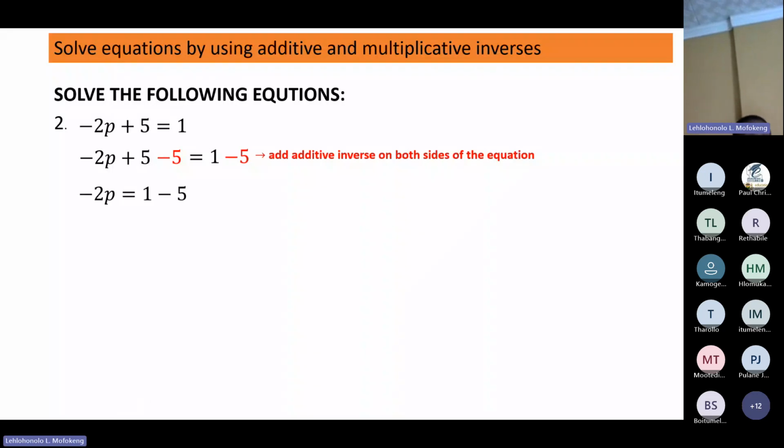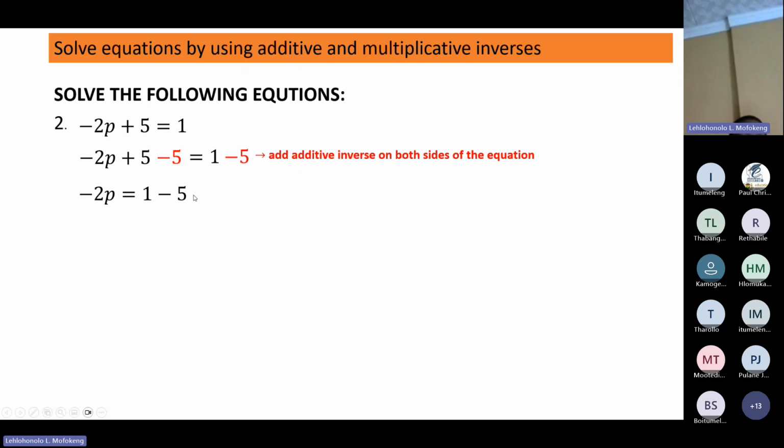Moving forward, we have negative 2p equals 1 minus 5, because 5 minus 5 is 0. We are left with negative 2p on the left-hand side, and on the right-hand side we have 1 minus 5. You can also associate negative 5 with the initial positive 5. One would say, I've taken positive 5 to the right-hand side and it changes sign to negative 5.